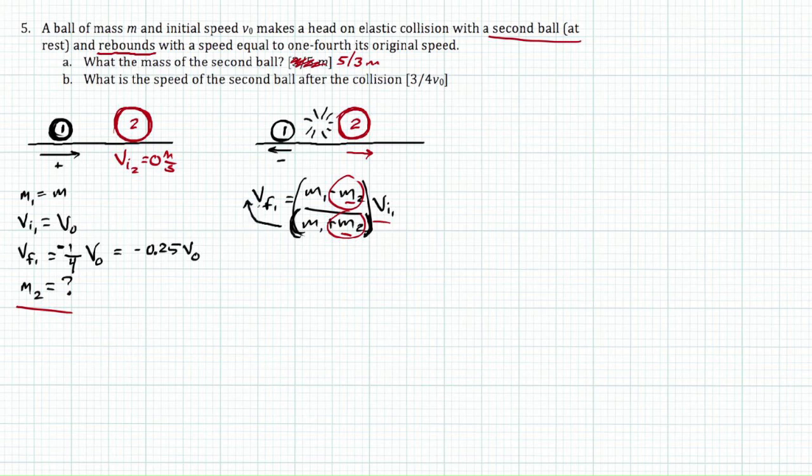I'm going to bring it up next to the final velocity of object 1. So it's going to look like this: final velocity of 1 times (m1 plus m2) equals, and then we have all this as the numerator over here, initial velocity of object 1 times (m1 minus m2).